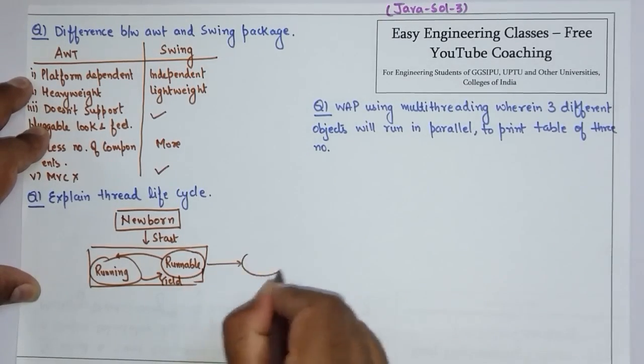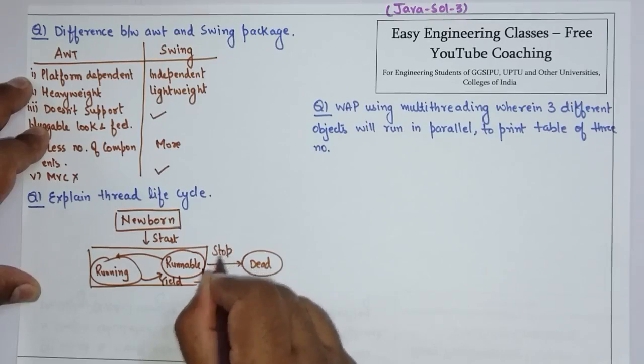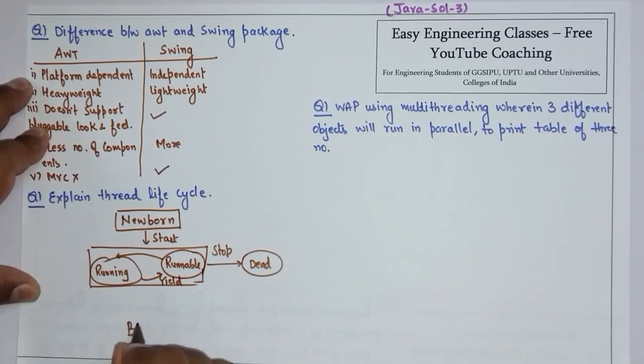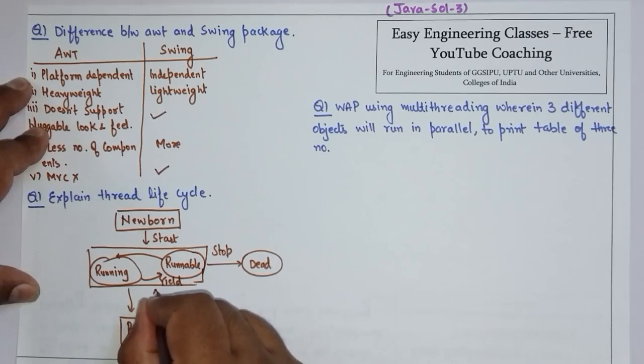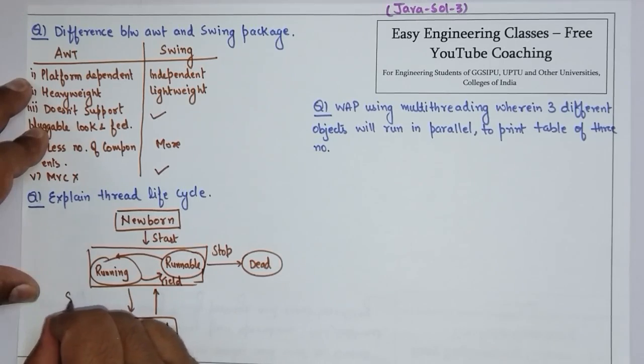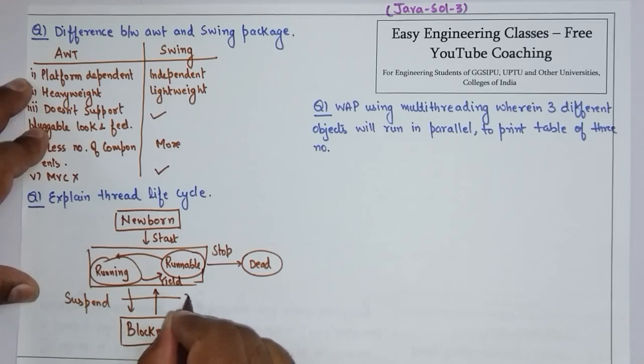Then a thread can go into dead state with the help of stop method, and there is another state which is blocked. Blocked means thread is currently waiting for some event to happen, and there are different methods like suspend, and to resume a suspended thread we have the resume method.